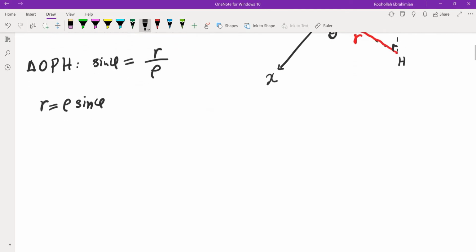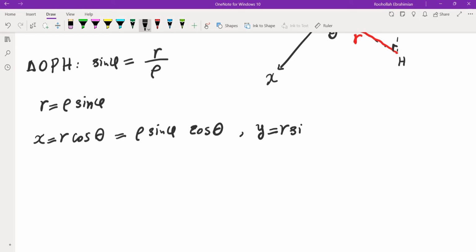So that's one relation between spherical coordinates and cylindrical coordinates. The next thing we can do is write down x as r cosine of theta, and substituting r by rho sine phi, we get rho sine phi cosine theta. And y equals r sine of theta, substituting, we get rho sine phi sine theta.